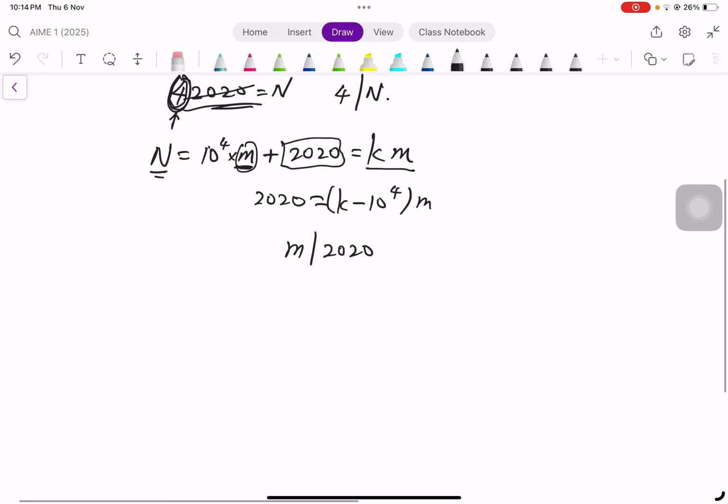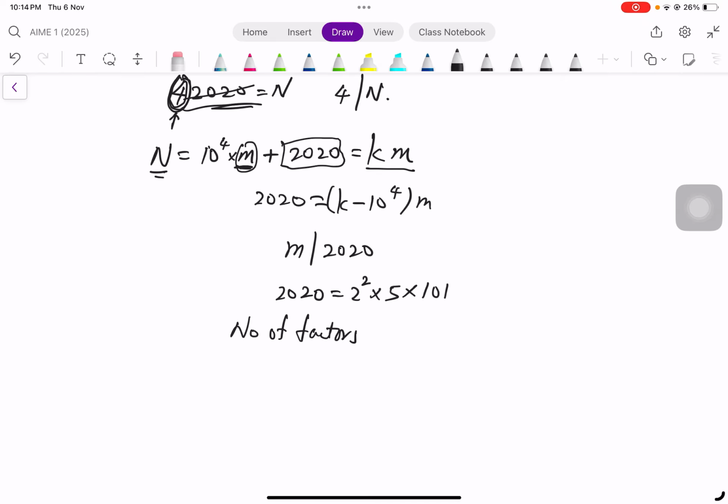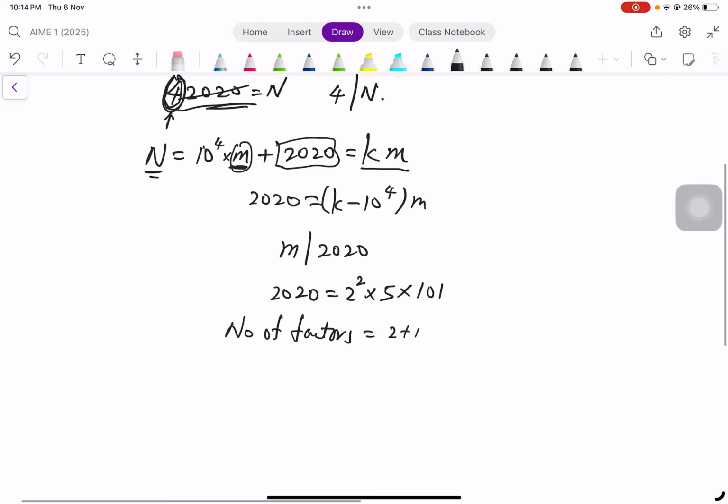Now we look at the prime factorization of 2020. It is 2 to the power of 2 multiplied by 5 multiplied by 101. In this case, the number of factors will be equal to 2 plus 1, times 1 plus 1, times 1 plus 1.